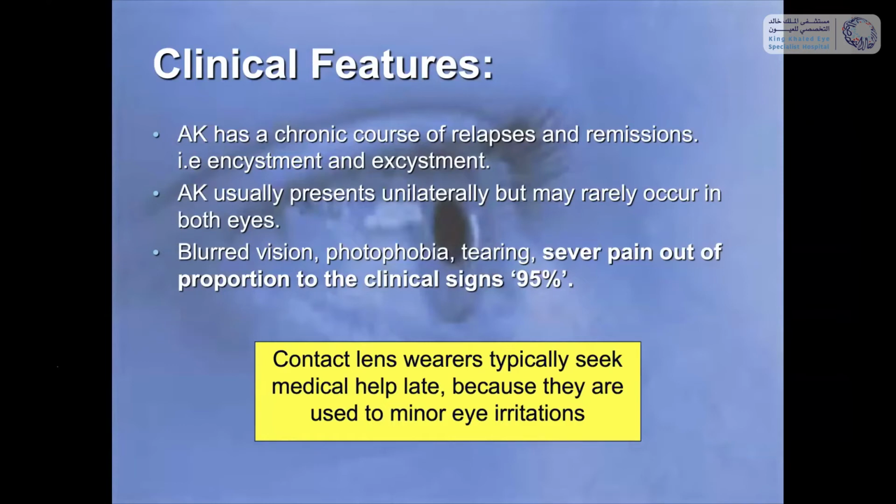The patients usually present with blurred vision, photophobia, tearing, and severe pain out of proportion to the clinical signs. This pain is a presenting feature in 95% of cases. Contact lens wearers typically seek medical help late because they are used to minor trauma and minor irritation to the eye, so they present at later stages.